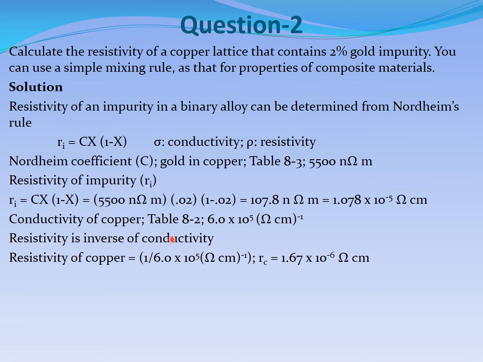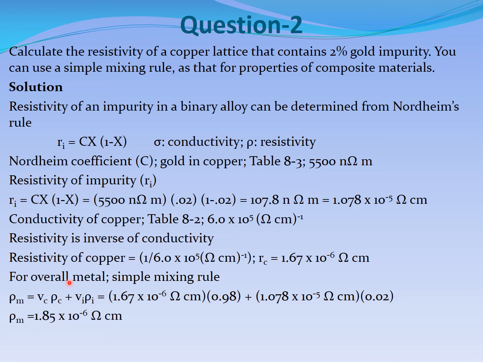Resistivity is the inverse of conductivity. So if this was the conductivity of copper, this is the resistivity of copper. It is just the inverse of this. Conductivity of copper is given in the table, and the inverse of that is the resistivity of copper.